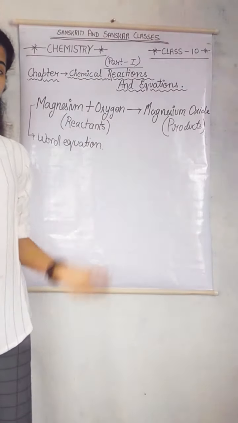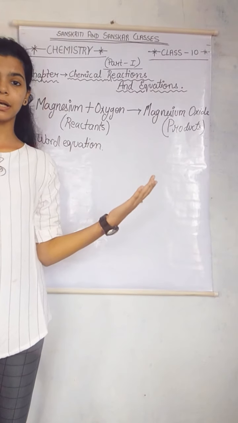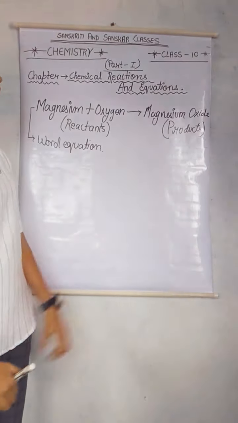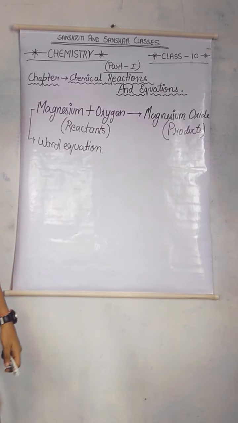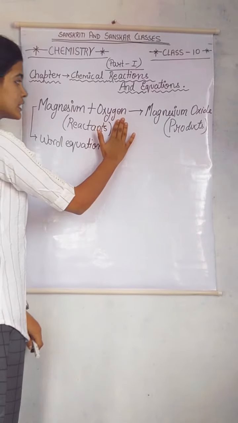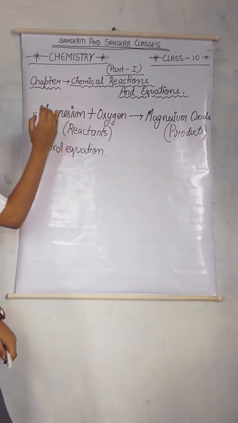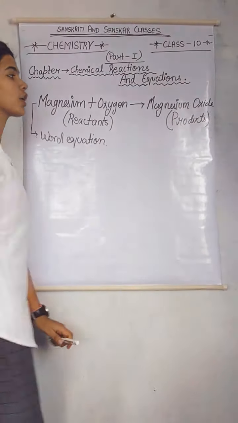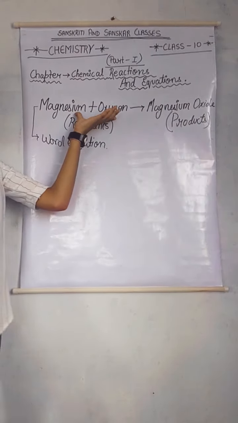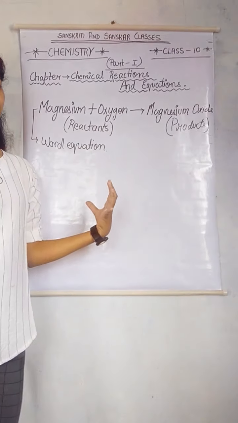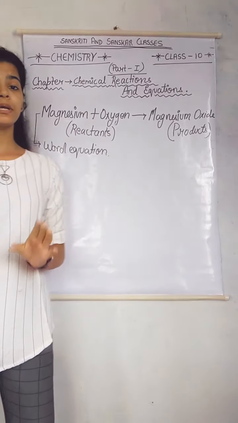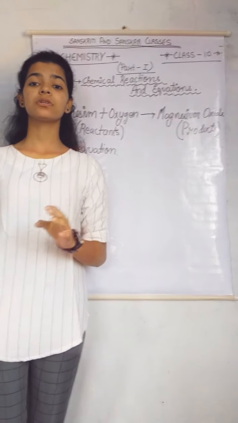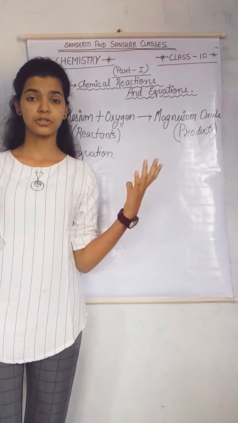Reactants are the substances that undergo a chemical change or a chemical reaction. In this equation, magnesium and oxygen are reacting and forming magnesium oxide, so these two substances are undergoing a chemical reaction. So these are reactants. Always remember, reactants are written on the left hand side of the reaction.